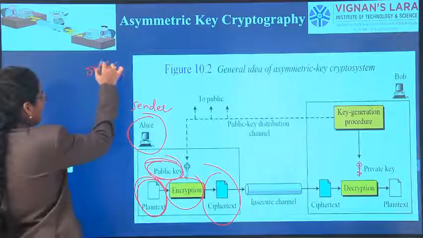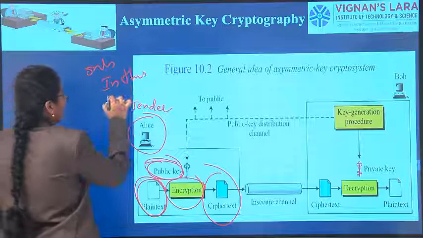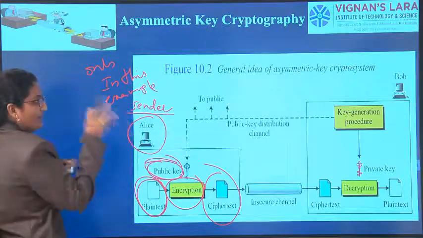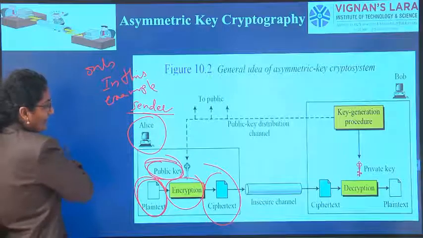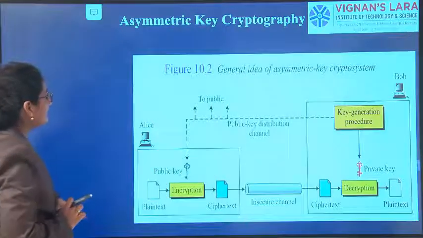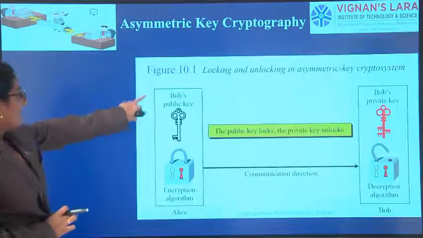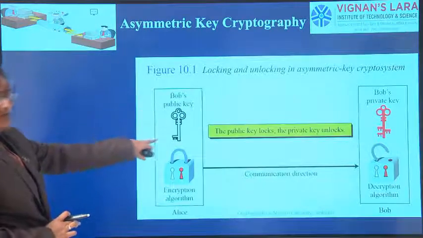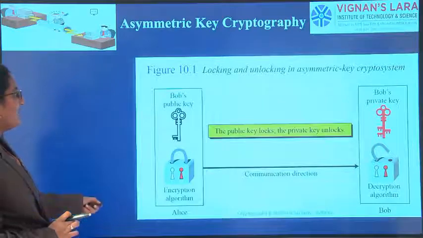In the before example, Bob is the sender, Alice is the receiver. So Bob's public key and Bob's private key we have used for encryption and decryption.